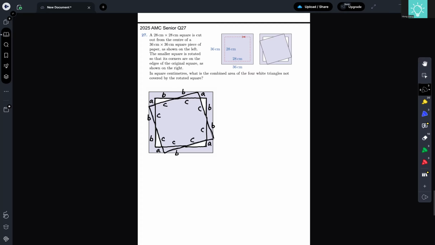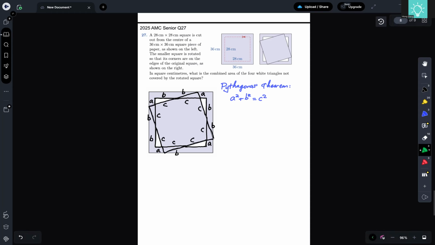What do we know about A, B, and C now? Firstly, we've got Pythagoras' theorem from a right-angled triangle. A squared plus B squared equals C squared. Okay. And also the side length.